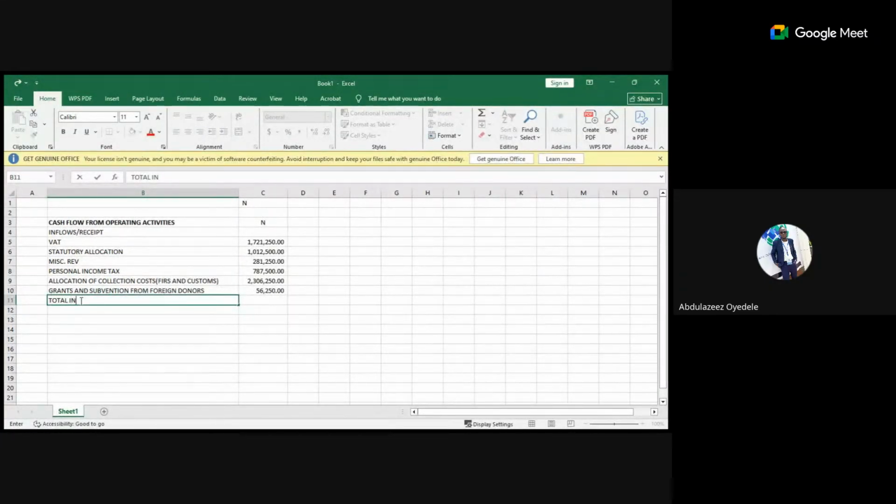So, stability, okay, give us total inflow. Okay, then the next line will be outflows or payments. Outflows slash payments.